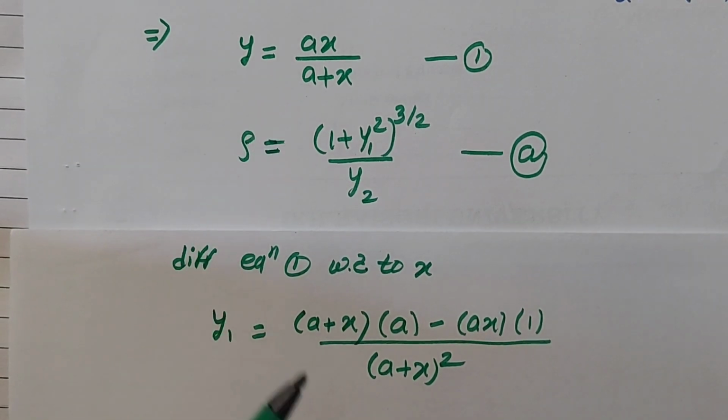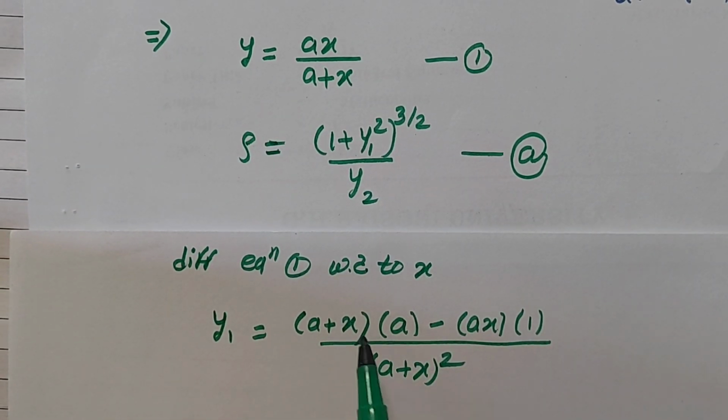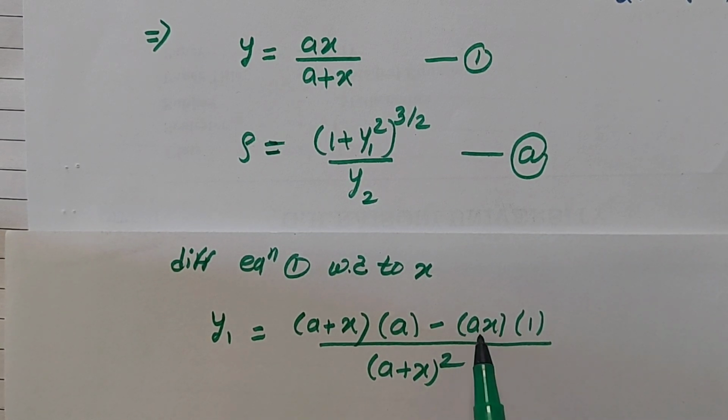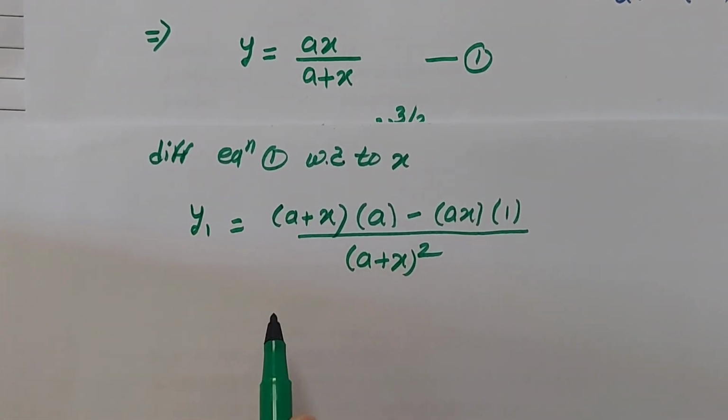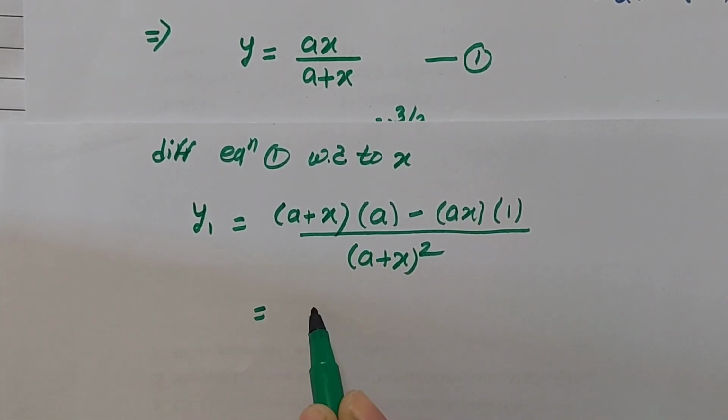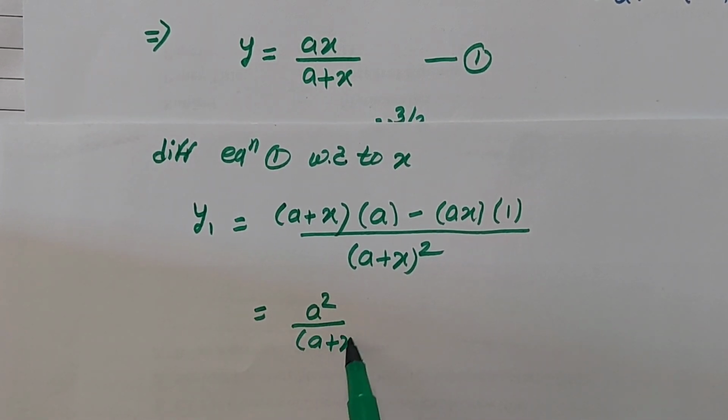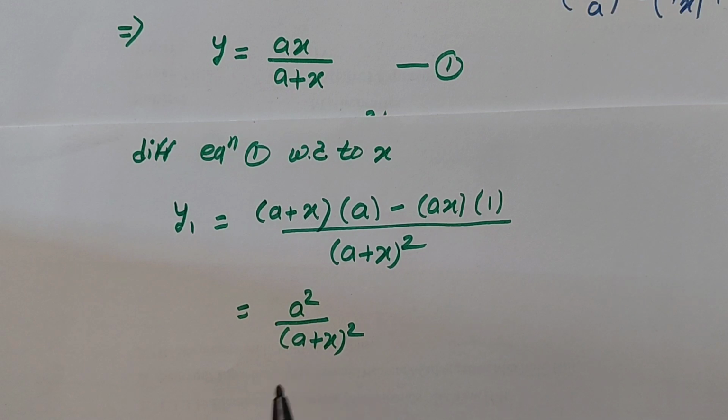Derivative of u by v apply करके मैंने ये term लिखा है. Here if we multiply a into the bracket, we get ax, and this minus x, that means this term is cancelled. Then y1 equals a square divided by (a plus x) whole square.